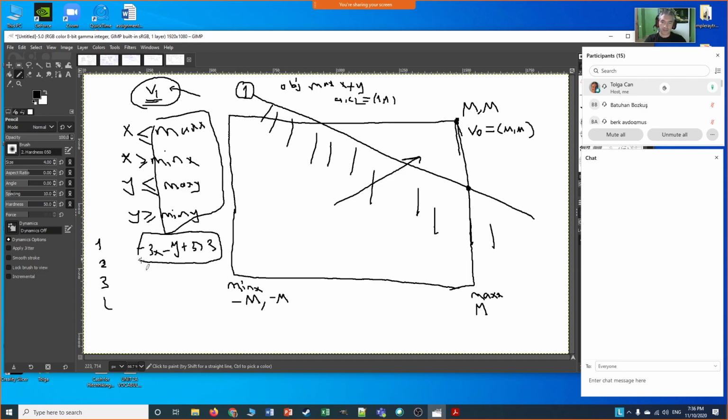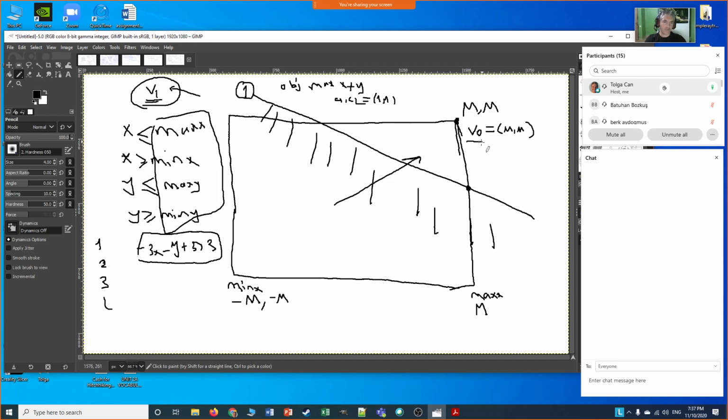This defines this line, and this is the feasible region. As you can see, V0 is outside the feasible region of this new half space. This half space has a feasible side and an infeasible side.